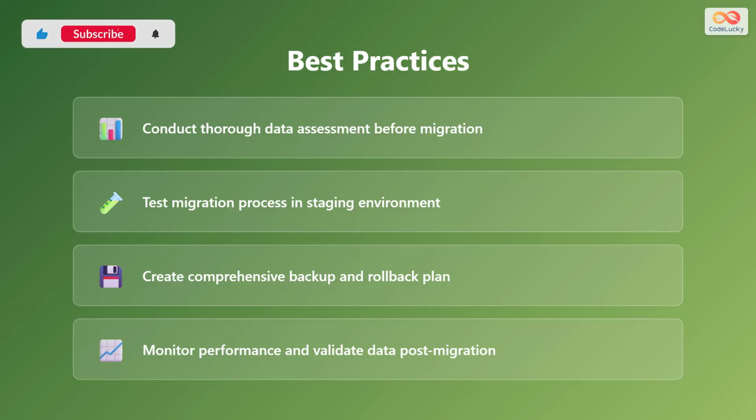Third, create a comprehensive backup and rollback plan. Always have current backups of your source data and a clear procedure for reverting if something goes wrong during migration. Finally, monitor performance and validate data post-migration. Continuously check that your applications perform as expected, data queries return correct results, and all business processes function properly in the cloud environment.